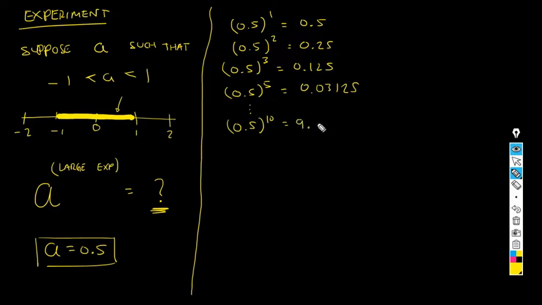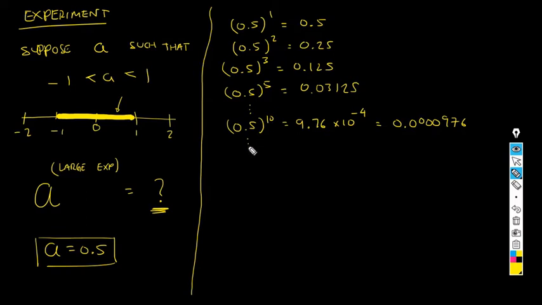What you get is 9.76, I'm gonna cut the number right here, times 10 to the minus 4. And remember, this is scientific notation. What that means is 0.0000976. So it's a very small number.